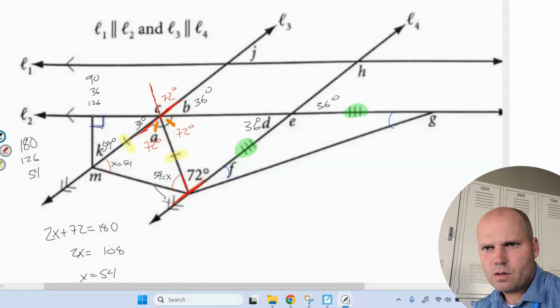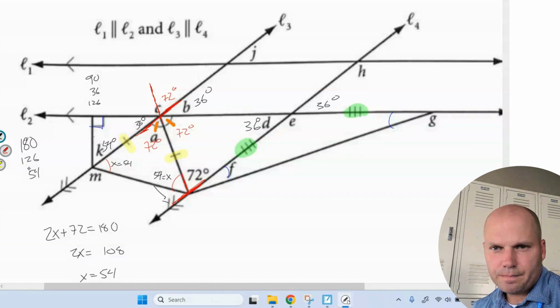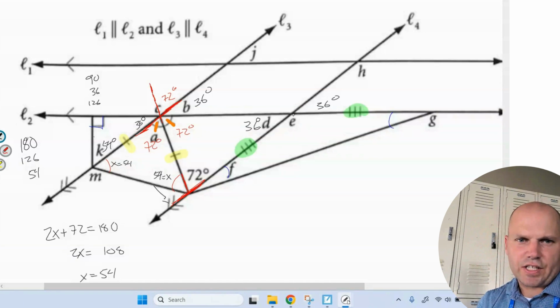I do understand. Oh, look at this. This is 36. These two angles are on a straight line. So 180 minus 36 is 144.